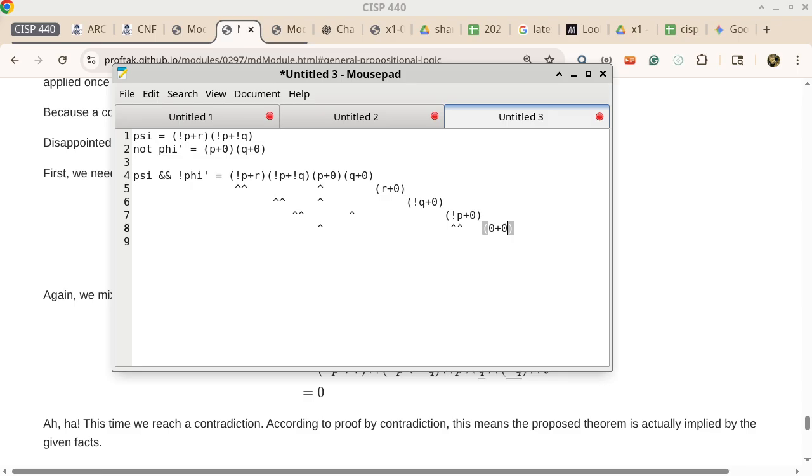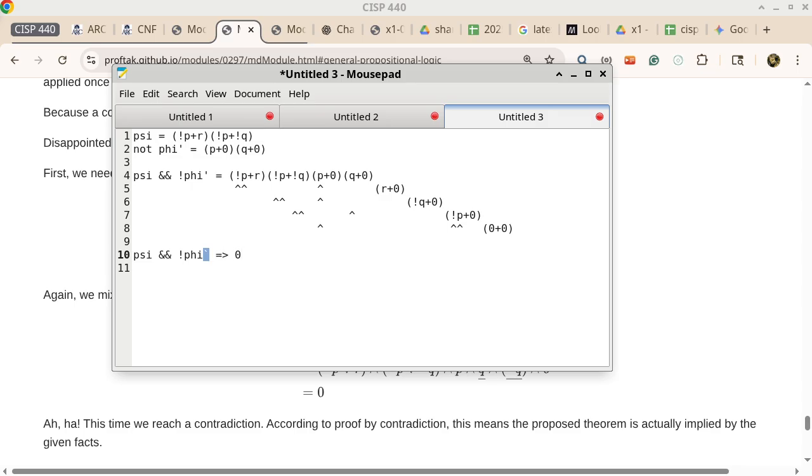As soon as you arrive at one term that is false, the entire conjunction is going to be false, because in a chain of conjunctions, if one term is false, the whole thing is going to be false. So that means in this case, psi and not phi prime implies false.